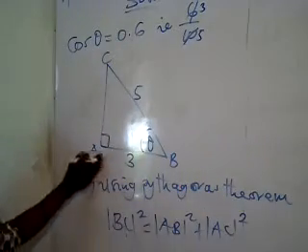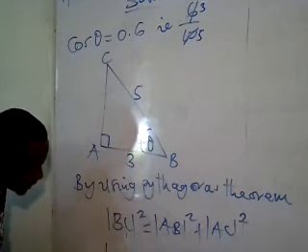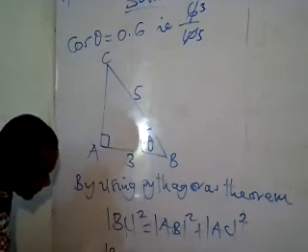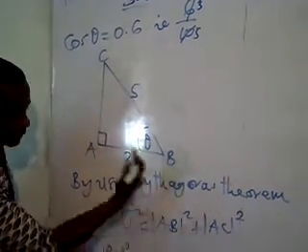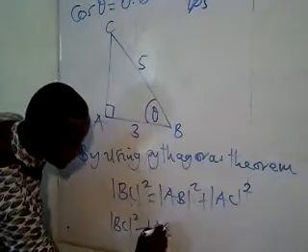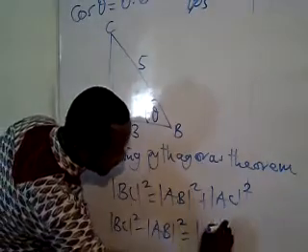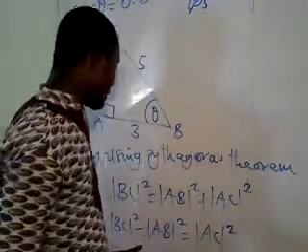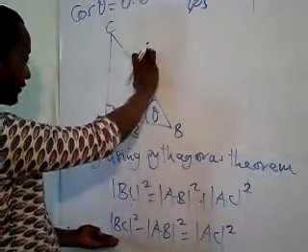Now since we are finding AC, we can make AC square the subject. So this will be BC square, then you transpose AB square to join BC to be minus AB square equal to AC square. In place of BC, we substitute 5.